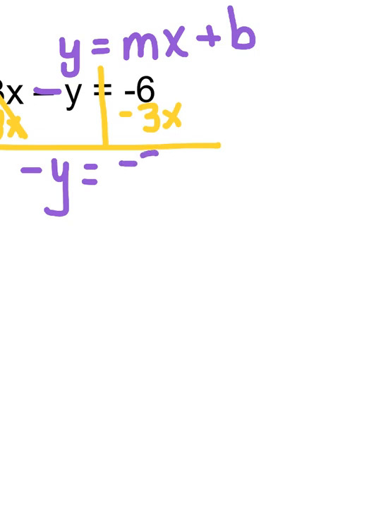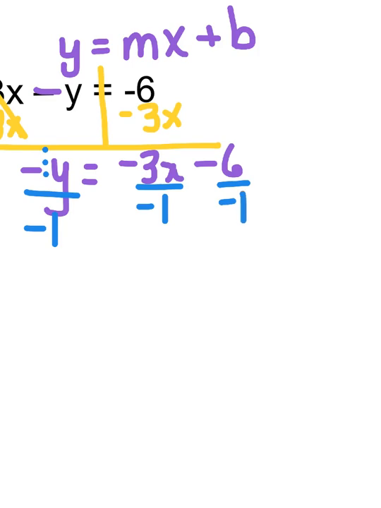I'm going to rearrange this so that the x comes first. Now we'll do the opposite of multiplying by -1. We'll divide by -1. Now when you divide by -1, I want you to remember you're dividing each term by -1. So we'll have y equals 3x plus 6.